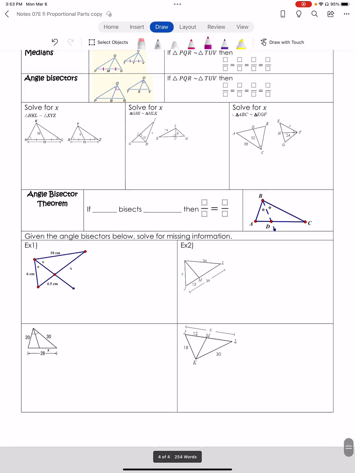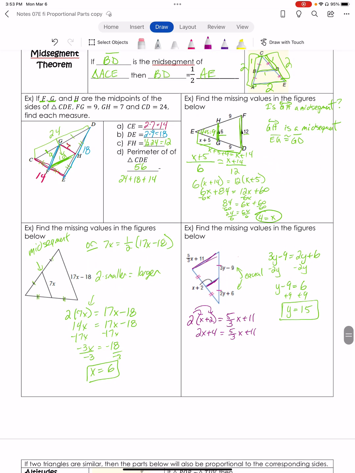I want to clear my fractions, so I multiply each side by 3. So that's 6x plus 12 is equal to, so I distribute the 3 here and the 3 here, that's going to be 5x plus 33. Subtract 5x. X plus 12 is equal to 3.